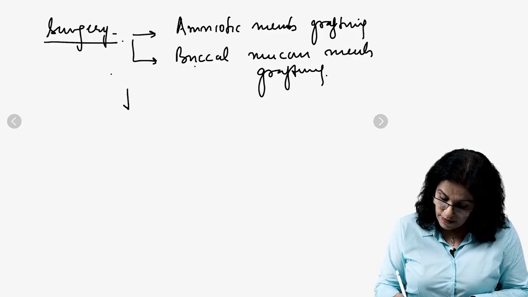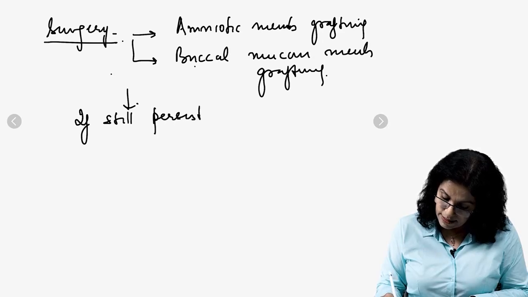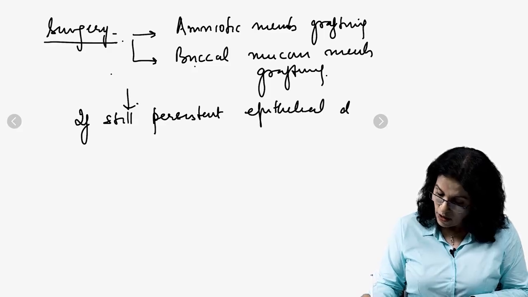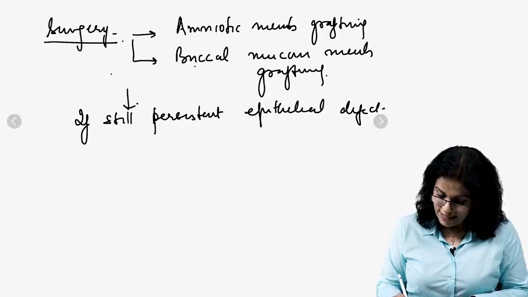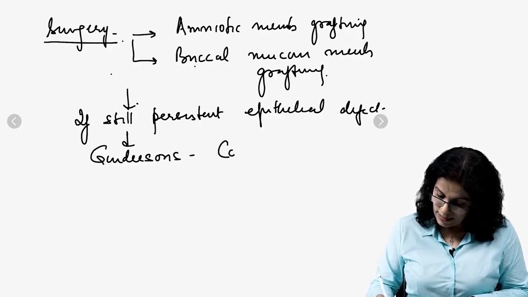Sometimes if the defect is still persistent, if still there is a persistent epithelial defect, now what else we can do is go for Gunderson's conjunctival flapping. Okay.